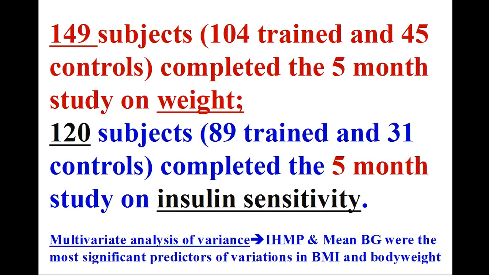We studied IHMP in 149 subjects, 104 trained and 45 controls, who completed the 5-month study on weight, and in 120 subjects, 89 trained and 31 controls, who completed the 5-month study on insulin sensitivity, by oral glucose tolerance tests.